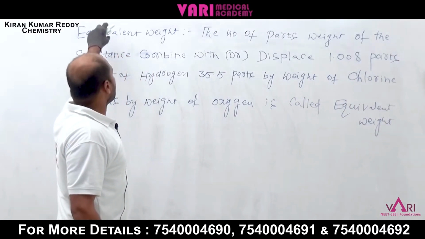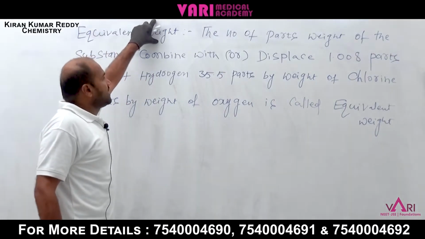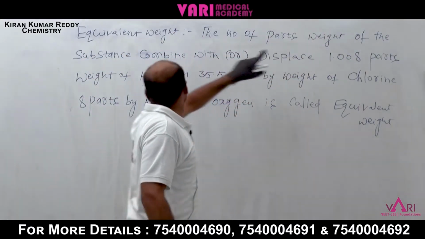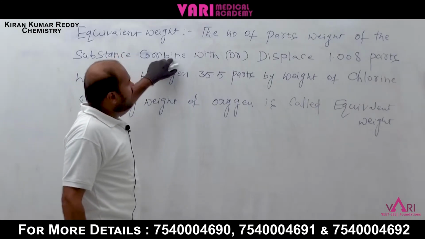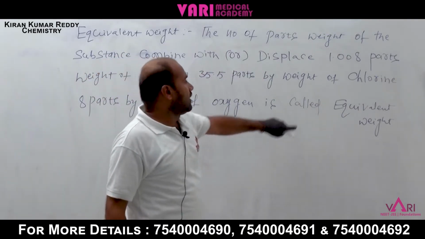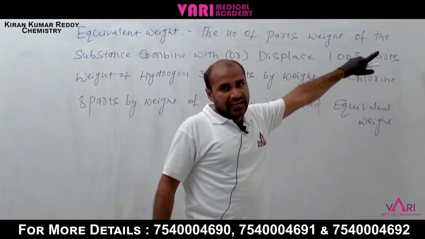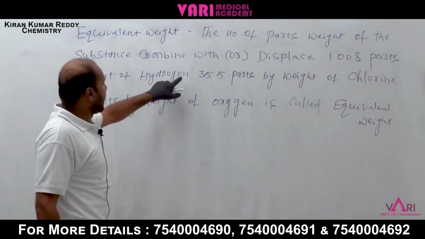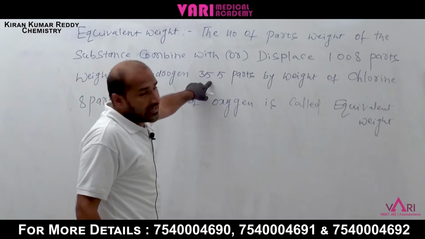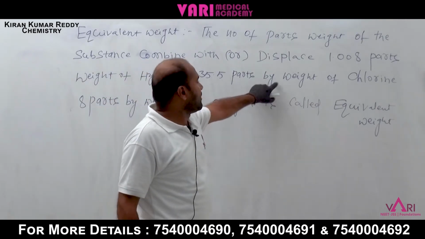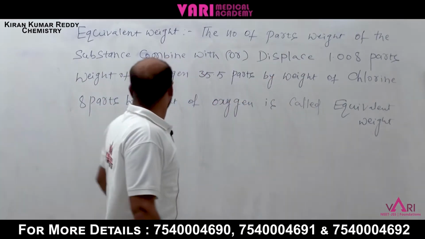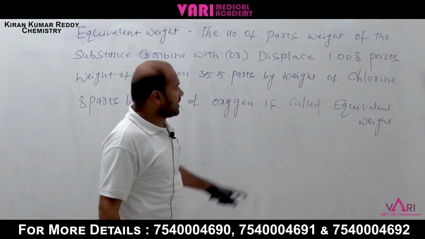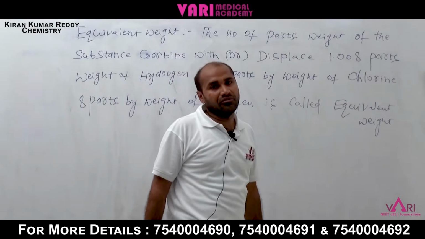What is the equivalent mass or equivalent weight? The number of parts by weight of the substance that combine with or displace 1.008 parts by weight of hydrogen, 35.5 parts by weight of chlorine, 8 parts by weight of oxygen is called equivalent weight.